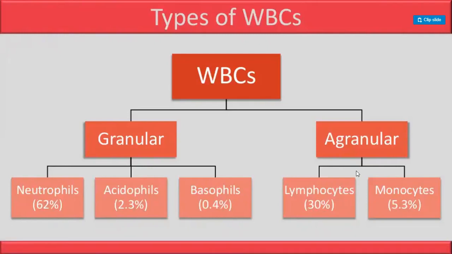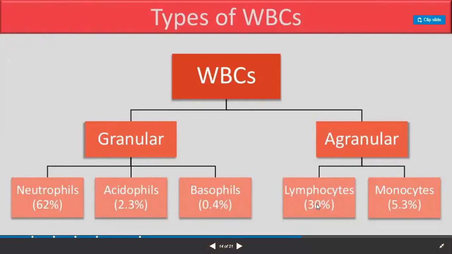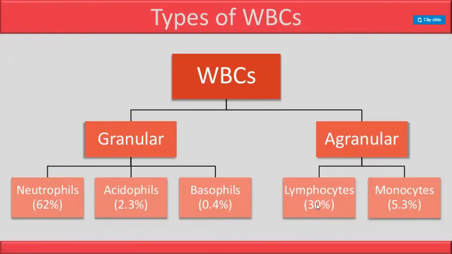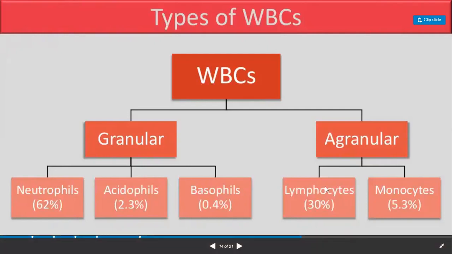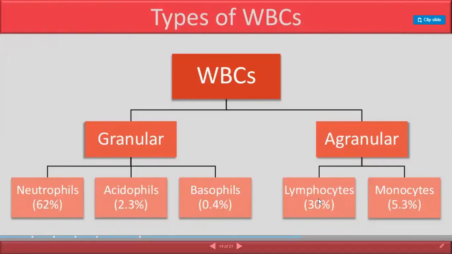But when there is an infection, lymphocytes will increase in number, and so you have what we call lymphocytosis, an increase in the number of lymphocytes, because the lymphocytes, especially the T lymphocytes, are responsible for fighting viruses.